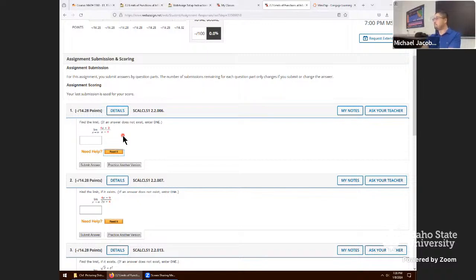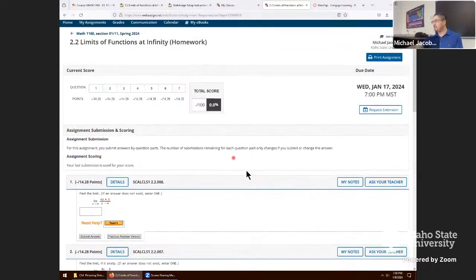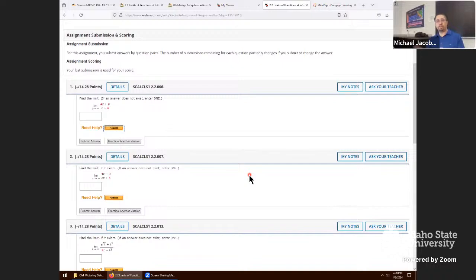Will the quizzes have similar problems to the homework? It will, yes, absolutely. What I do with the quiz is take all of these 7 problems and distill them down to one question, maybe with 2 parts, but usually one overall question. The purpose of that quiz is so I can see what it looks like when you write out your work step by step, and it makes it more similar to an actual exam question.